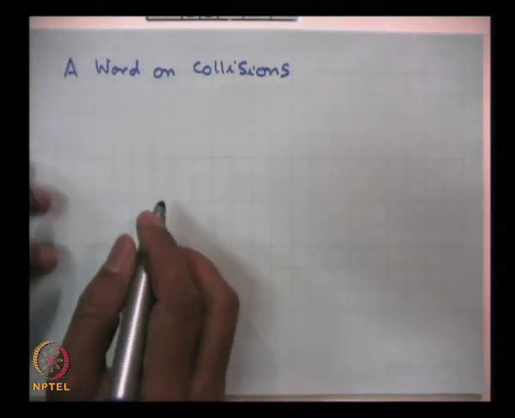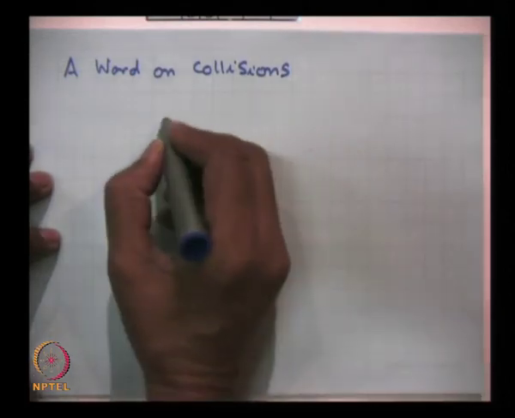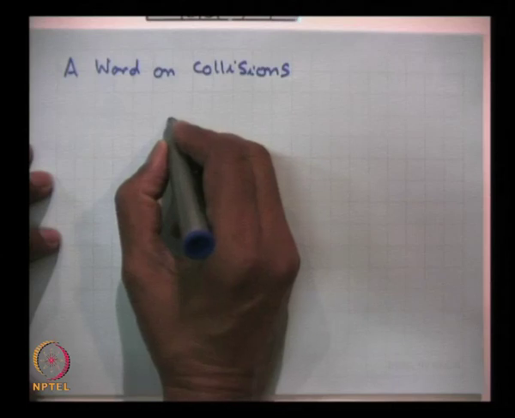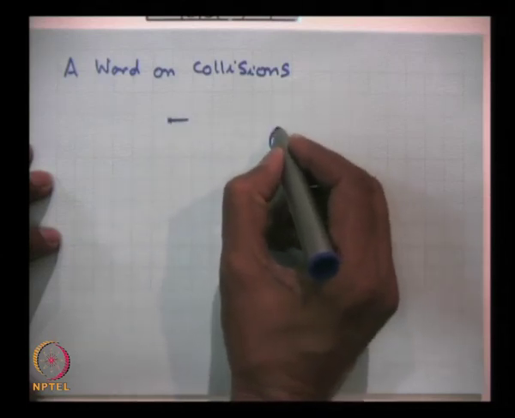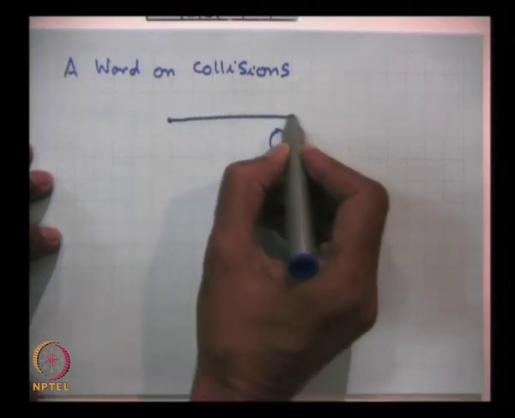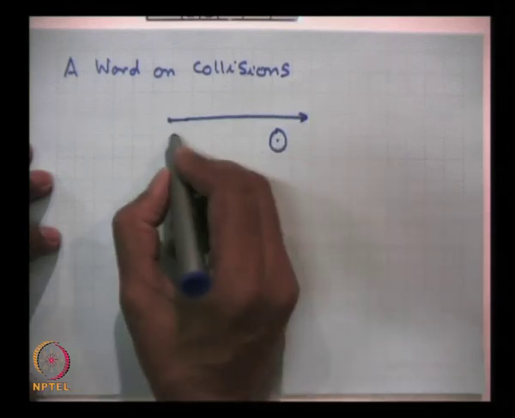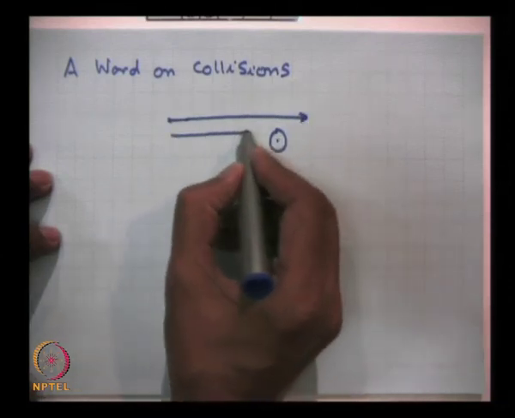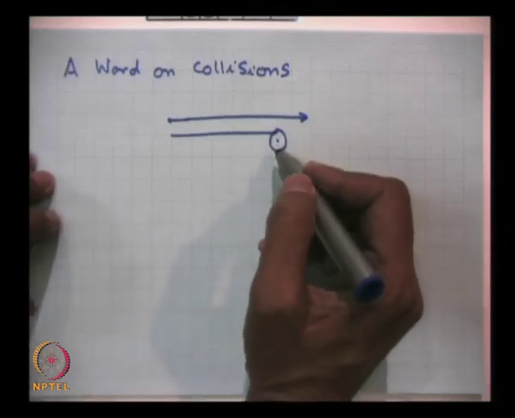Well, what happens when an electron moves in the vicinity of a scatterer? If the electron moves quite far away from the scatterer, it does not suffer a collision, it goes like this. But when it falls within a certain distance, the distance of closest approach, called the impact parameter.